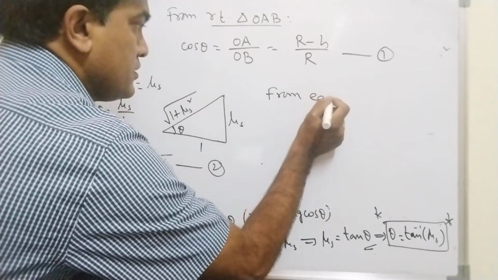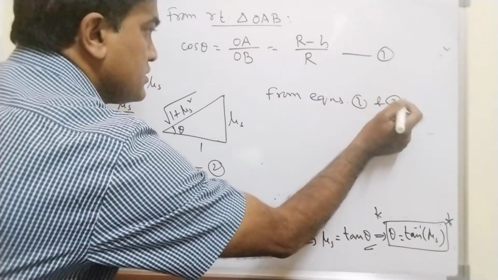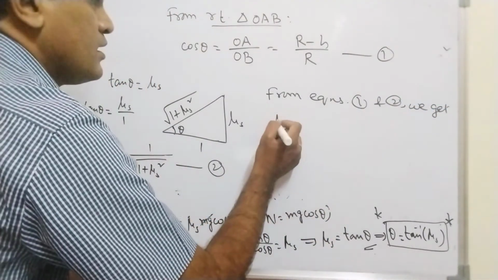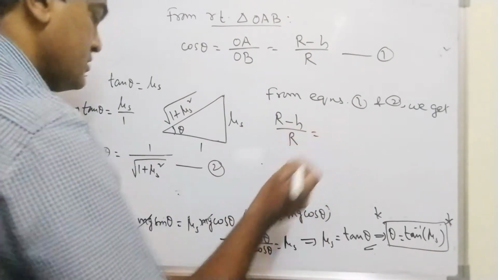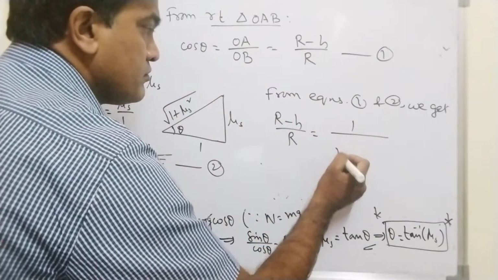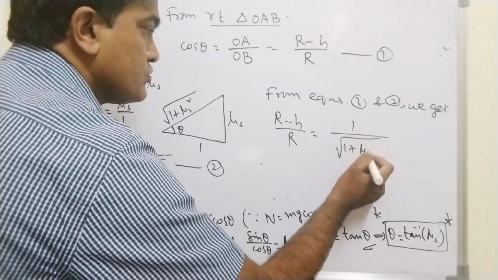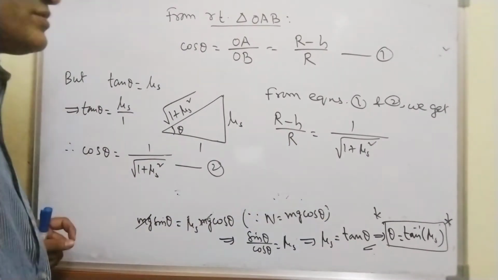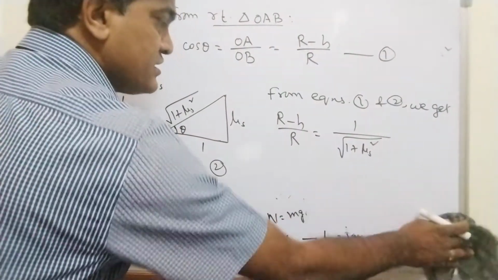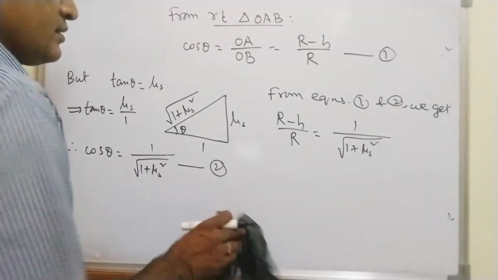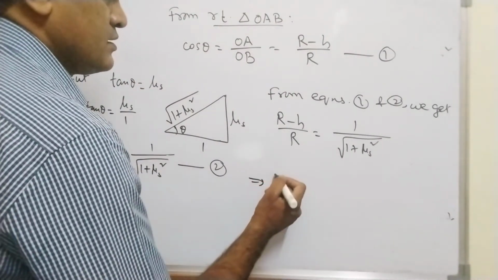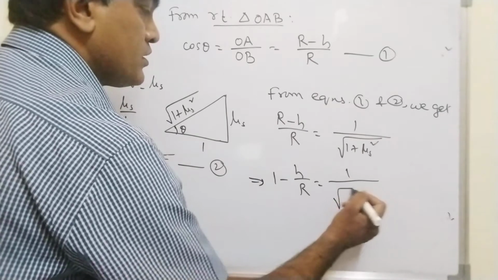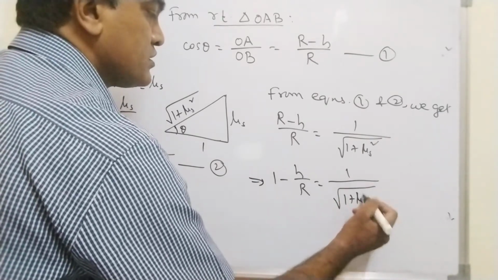From equations 1 and 2, we get (R minus H) by R is equal to 1 by root over 1 plus mu s square. I want height. From this, split this, divide this. R by R gives what? R by R. So 1 minus H by R is equal to 1 upon root over 1 plus mu s square.